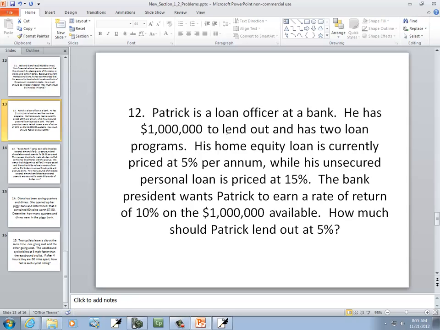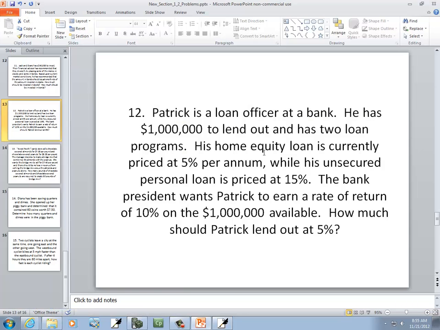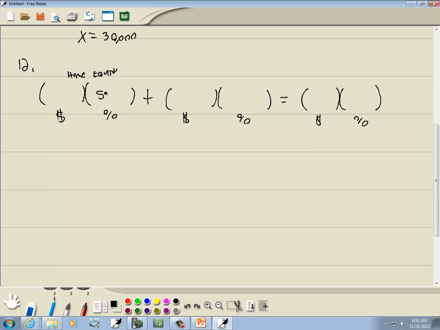Okay. 1 million lend out and has 2 loan programs. His home equity loan is currently priced. This one's home equity, is currently priced at 5%. So this would be 5%.